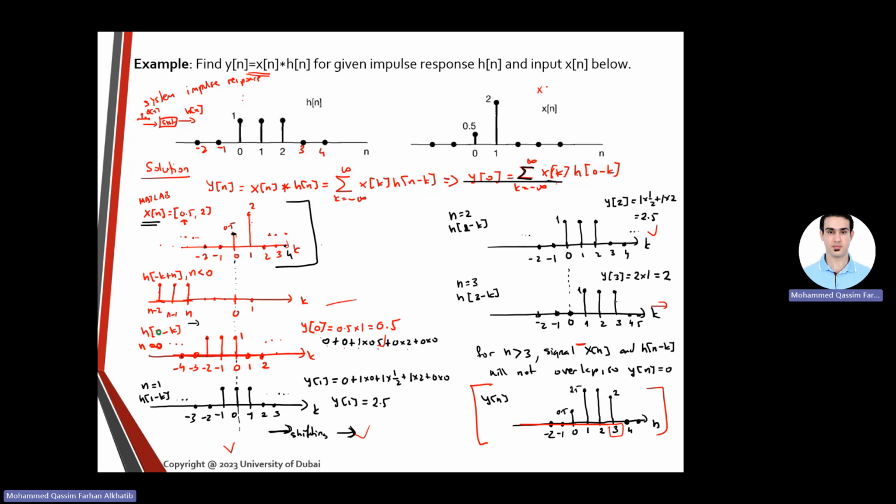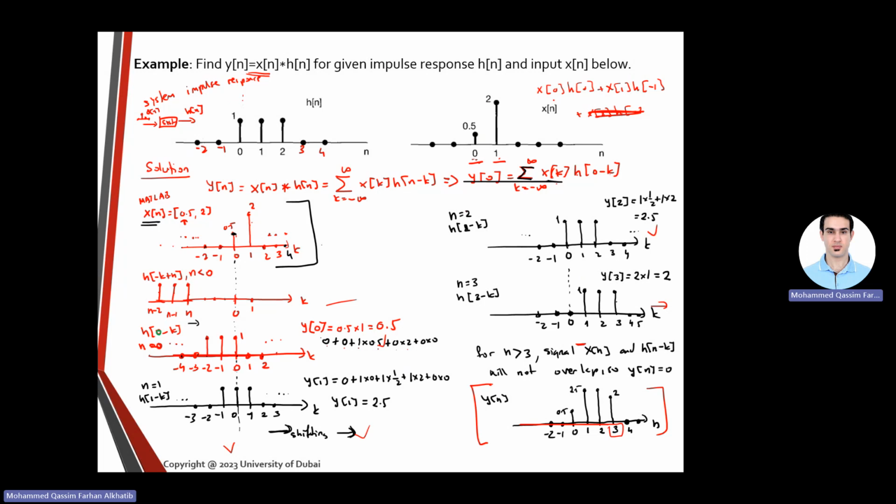So let's try x of 0, h of 0, plus x of 1, h of negative 1, plus x of 2, h of negative 2. Do I have a value for 2? Okay, I think that's it, because we have only 2 values for x, the 0 and 1, right? So there's no need for this term.